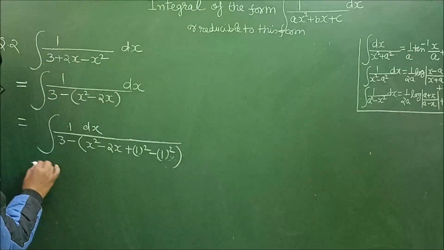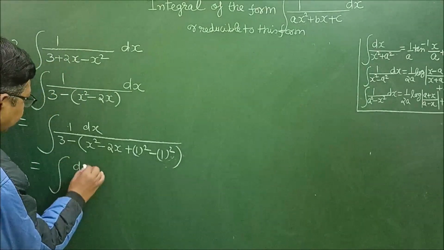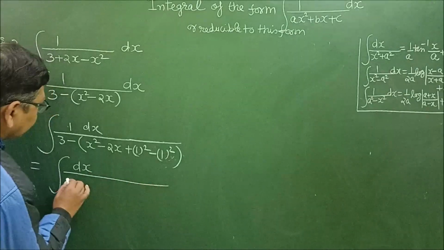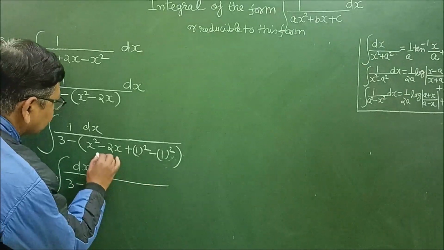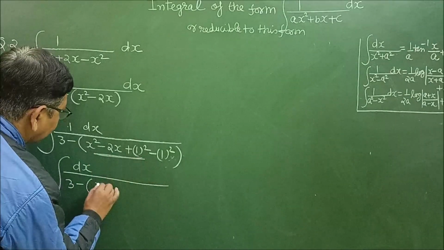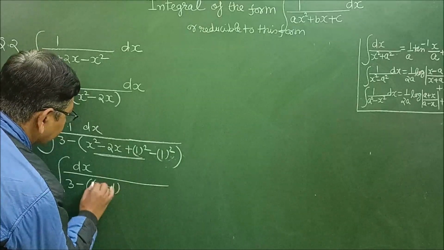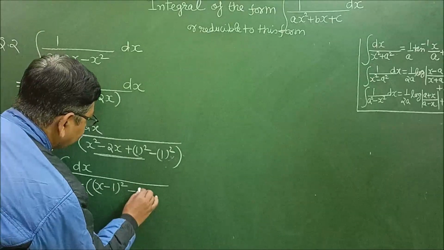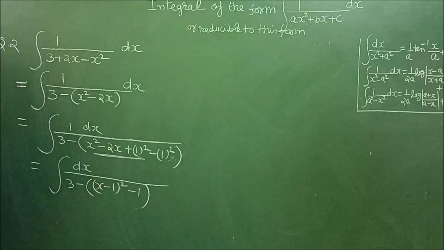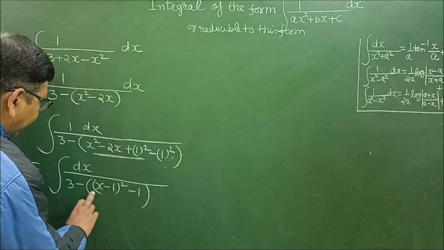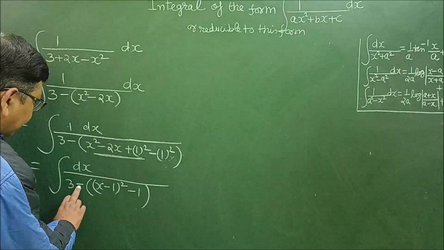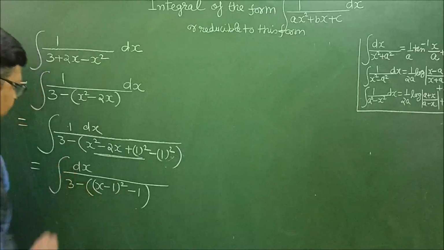Bracket close. This is equal to integral dx upon 3 minus (these three terms make a perfect square) (x minus 1) whole square minus 1. Now on opening this bracket, the negative sign is outside, so this will become positive and this will become negative.